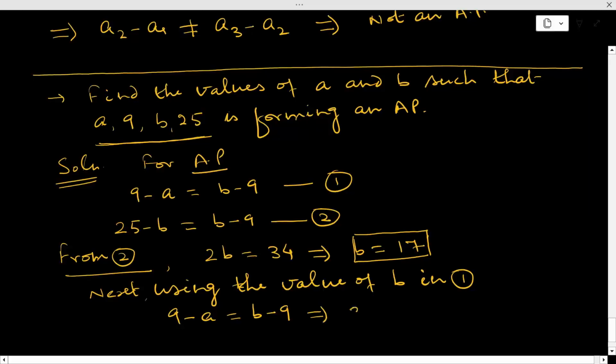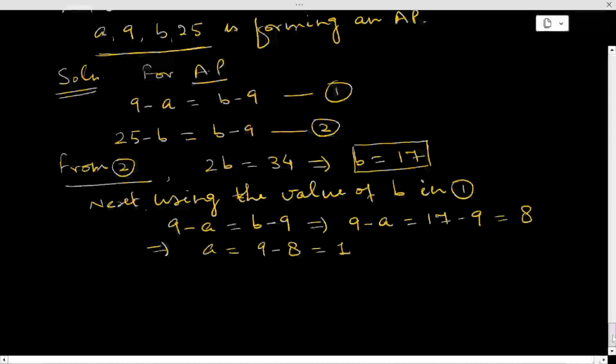So this implies 9 minus A is equals to 7 minus 9, which is coming out as 8. So this further implies that 9 minus A is equals to 8. So from here you will obtain that A is equals to 9 minus 8, which is 1.